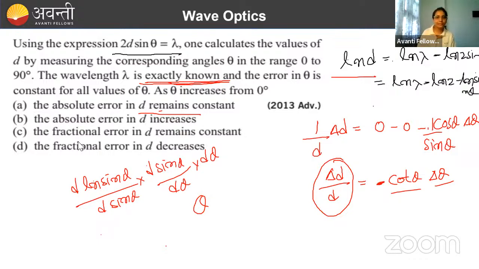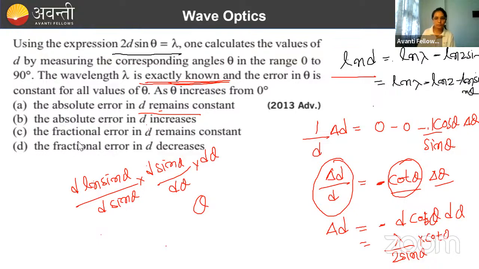As theta increases from 0 to 90, cot theta is going to decrease. There is a minus sign, so it will increase. Now delta d you can calculate: minus d cot theta d theta. d can be written as lambda by 2 sin theta. So you can write lambda by 2, sin theta into cot theta d theta.